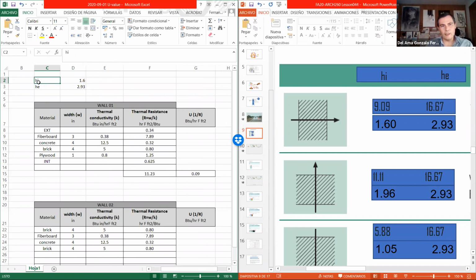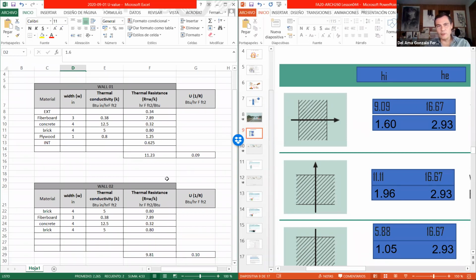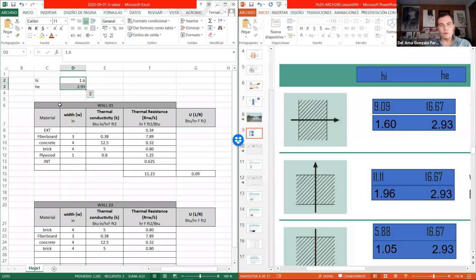Okay, so this is HI, HE. Those values are always the same if we are working with walls. If we are working with roofs or floors, it would be different. Okay, but for walls, it will be the same. And here we have different layers. What if you need to include one more layer, because we have like 3, 4, 5, 6 layers?